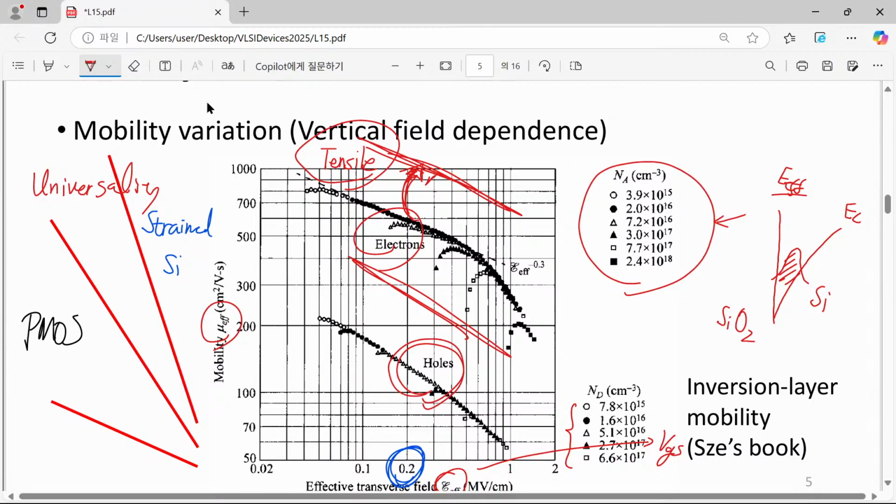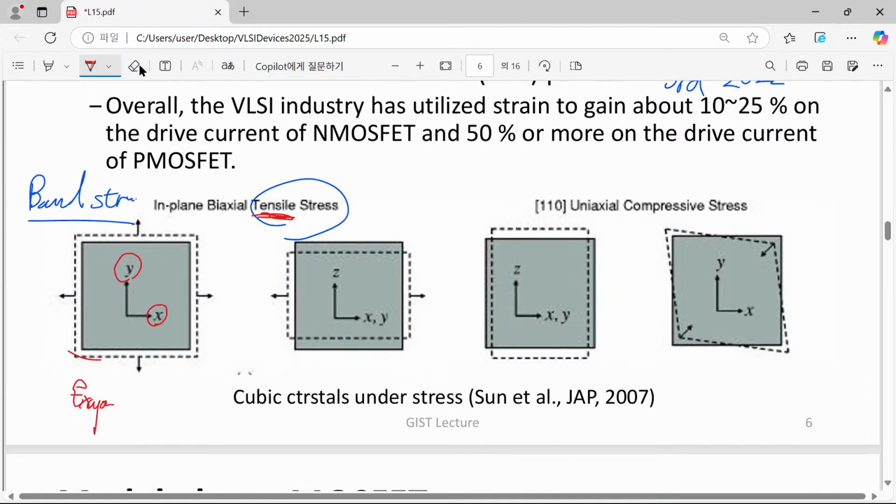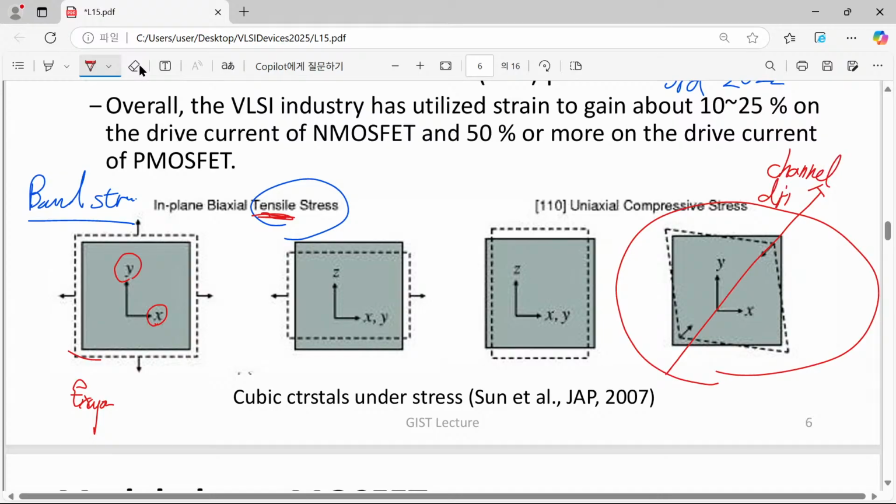In the case of holes, we can also increase hole mobility. But in order to increase hole mobility, what we have to do is shown here. Let's say that this is the direction for our electron or hole conduction.